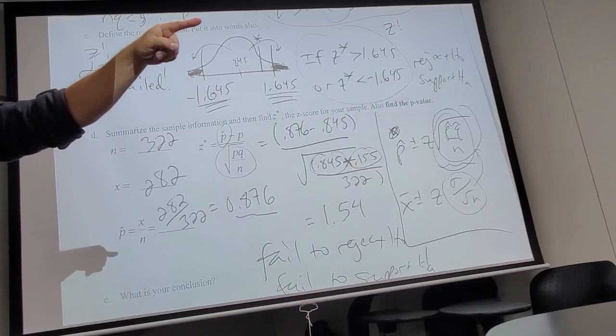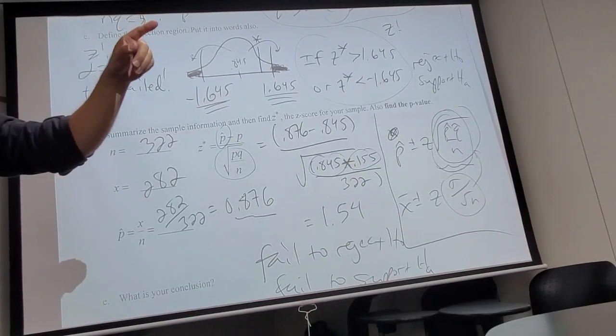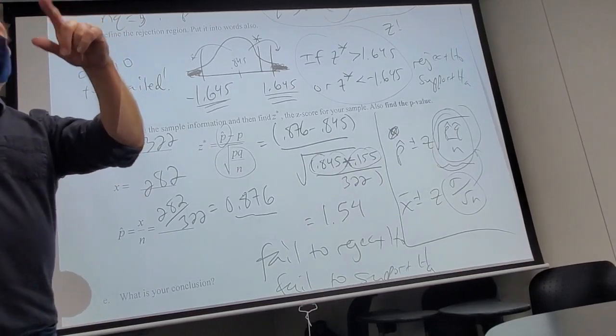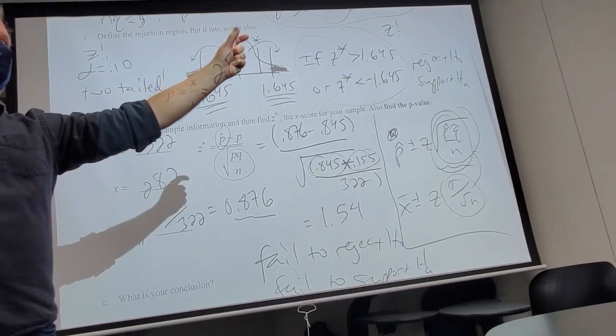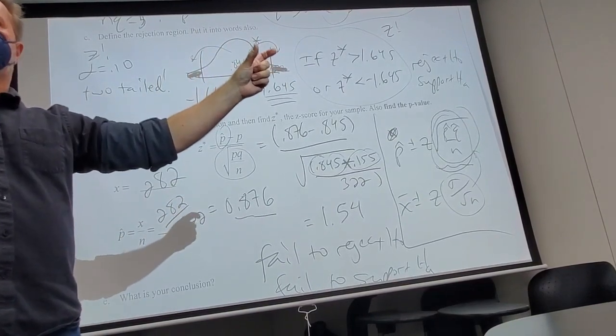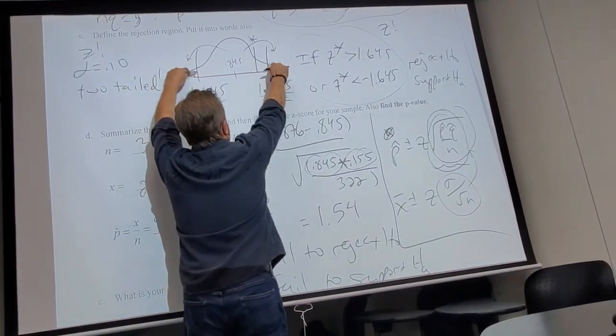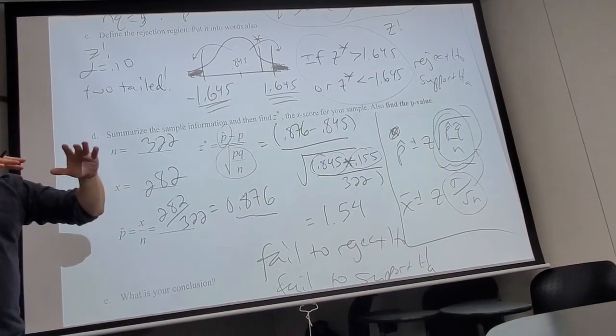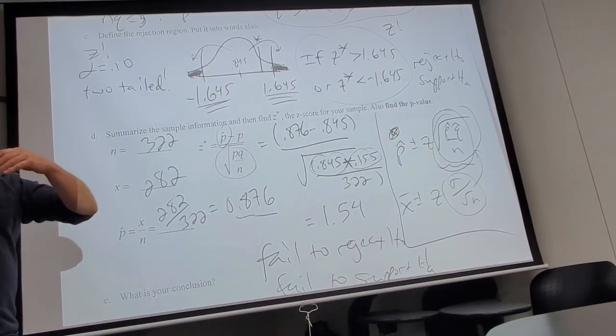Alpha is there. Yeah, it's the shaded parts. Alpha is the area in the tail or tails. So that is alpha. The shaded part is alpha. And in fact, alpha is 0.10.